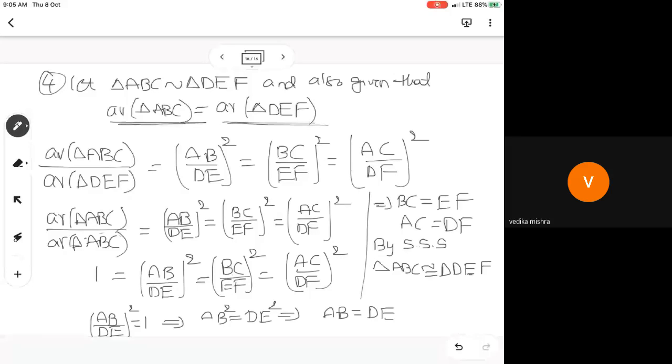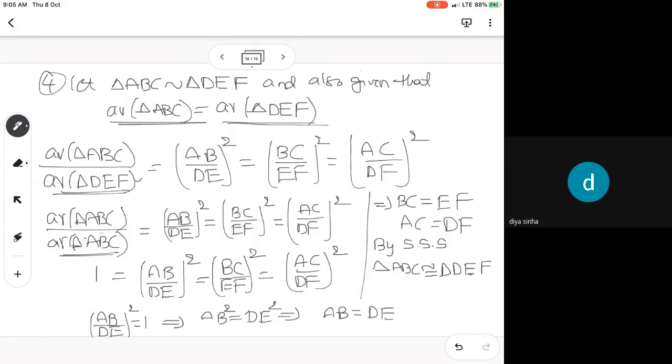That's why these two are equal, and then cancelling gives 1. Did you get my point? First we have to write area of triangle ABC by DEF, after that DEF should be replaced by ABC. Did you get my point?